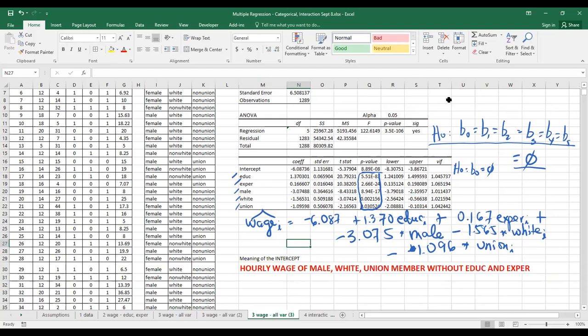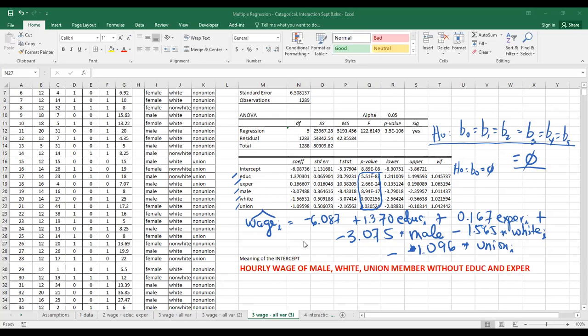Sorry Pat, hindi ko nakikita dito yung mga sumasagot ha. Alright. So sabi ni Pat, this negative 6.08 pertains to our average hourly wage with all your independent variables equal to 0. No?